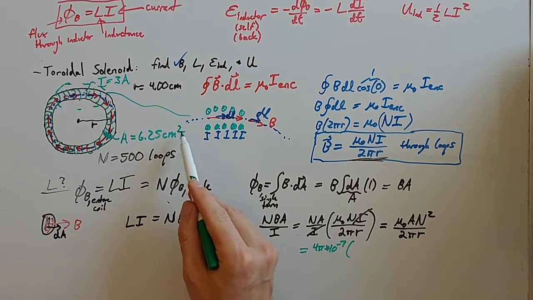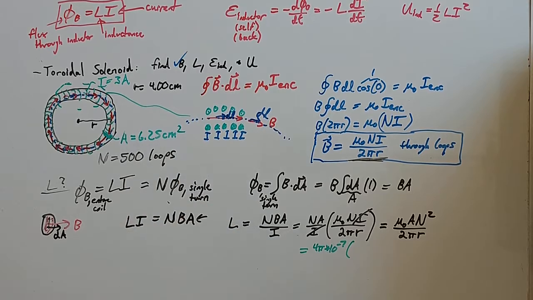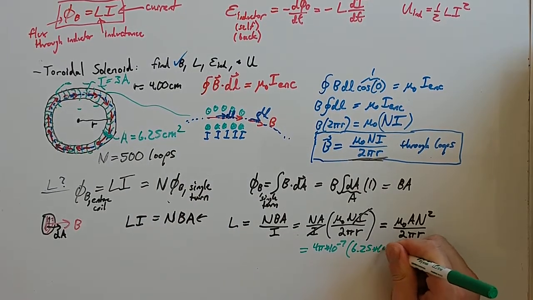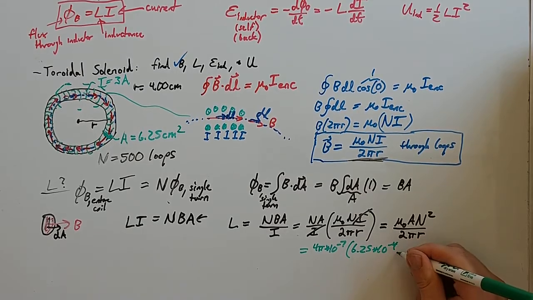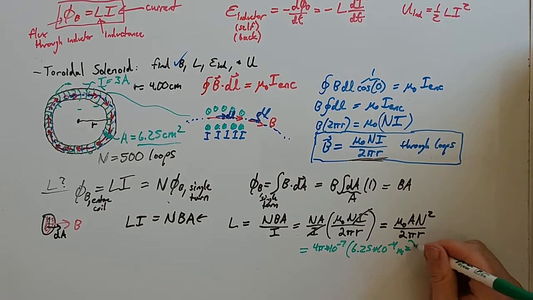You need to convert a factor of 100 twice, so that ends up being a factor of 10 to the 4. So it's 6.25 times 10 to the minus 4 square meters.